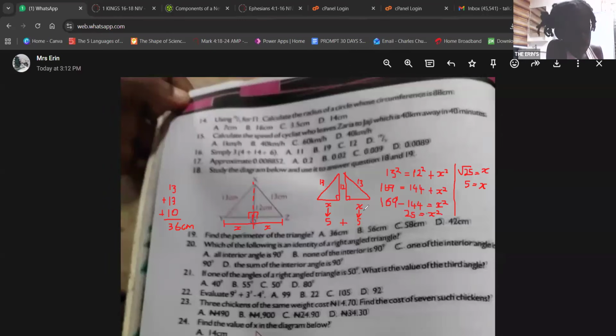When you add up all the angles in a triangle, it is equal to 180.